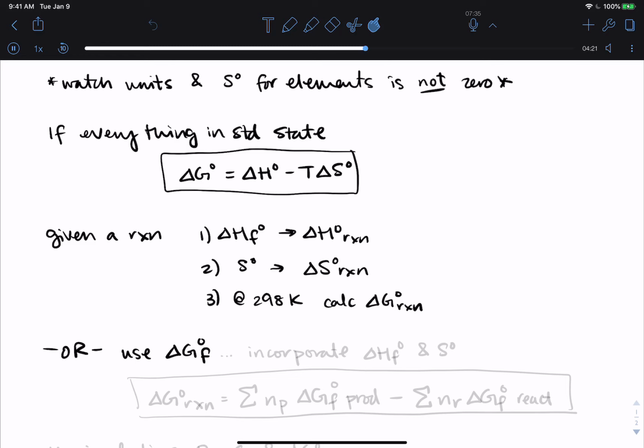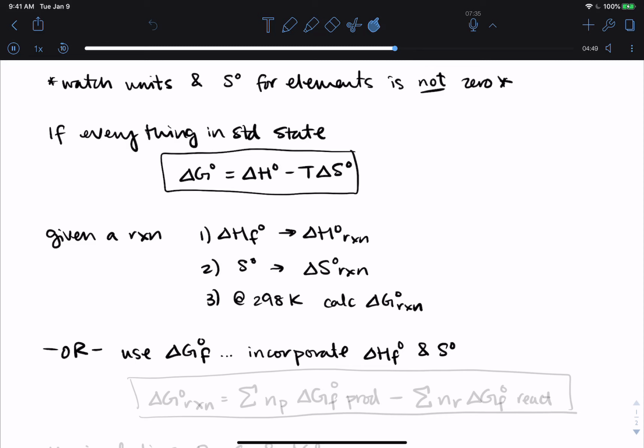So just like delta H formation, this is related to getting the compound from the elements in their standard states. So the delta G formation has already been created to incorporate delta H formation and this standard entropy.